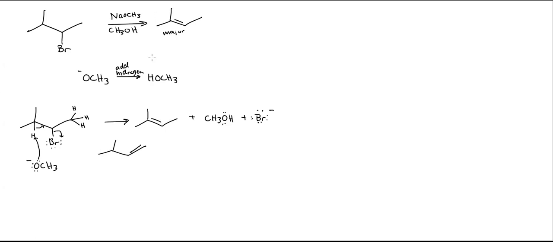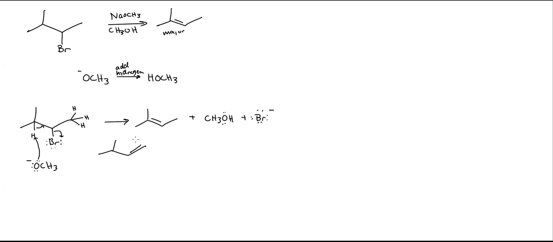So if I look at the thing that I said is the major product, this one right here, this alkene has 1, 2, 3 alkyl groups around it, right? There's 3 alkyl groups around this double bond, okay? Whereas if I look at this double bond, I just have one alkyl group. I just have one thing attached to this double bond. The rest of these, I have 3 other hydrogens that are attached to this double bond.